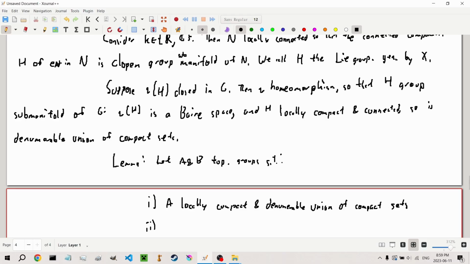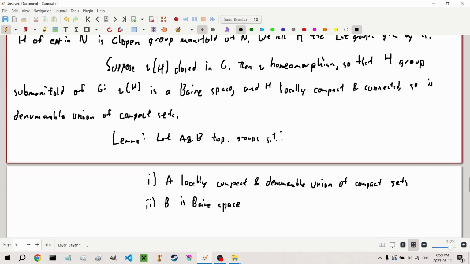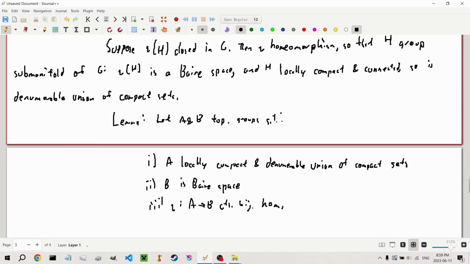Two, B is a Baire space. And third, we have the map I from A to B be a continuous bijective homomorphism. Then I is a homeomorphism.